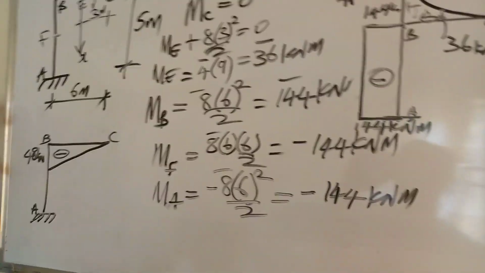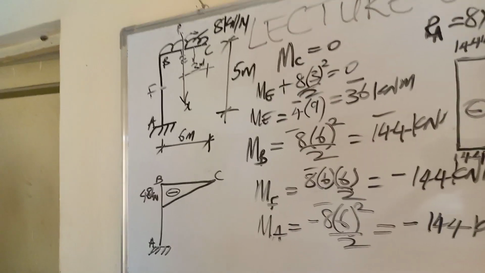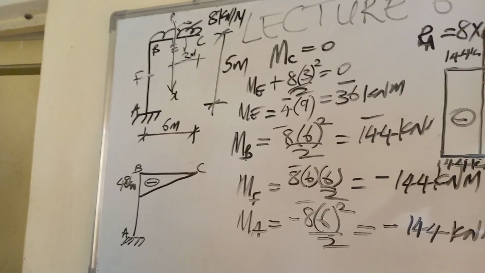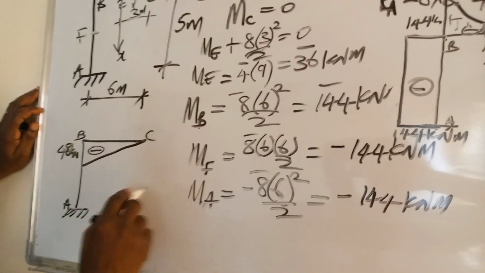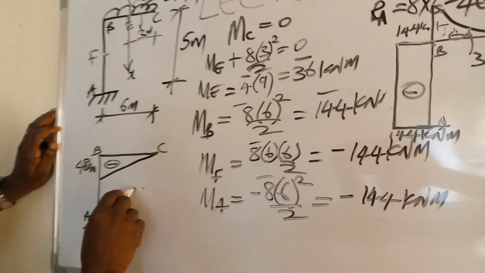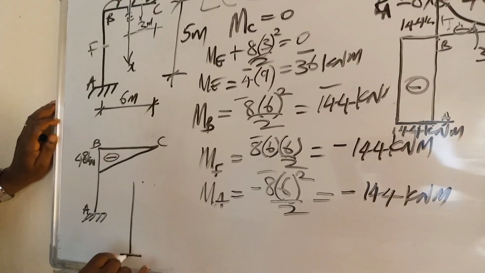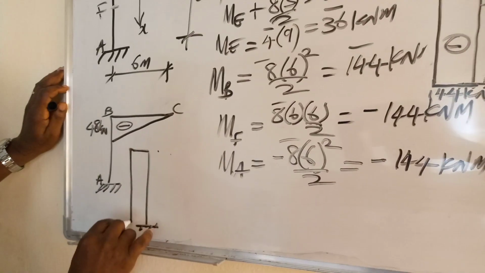What we may have in the member AB is normal force, which in this case is the same 48. The diagram of the normal force will be this way.